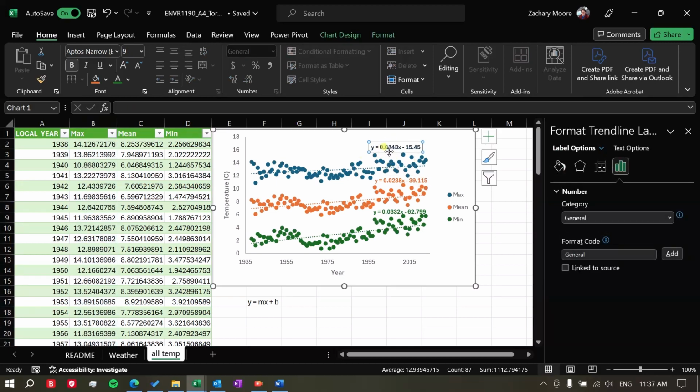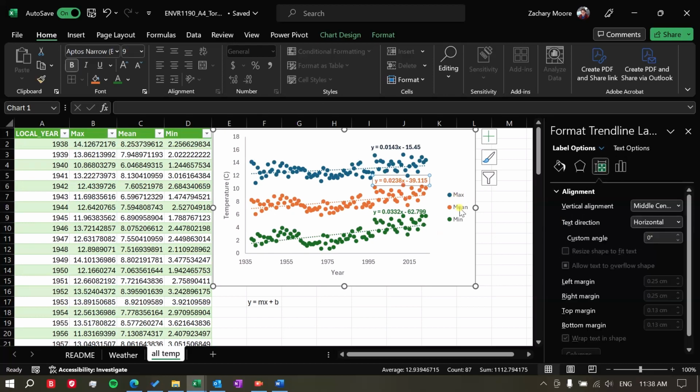You can see that 0.01 is less than 0.02, which is less than 0.03. So the minimum temperature is increasing slightly faster than the mean temperature, which is increasing slightly faster than the maximum average daily temperature as you look at it through years.